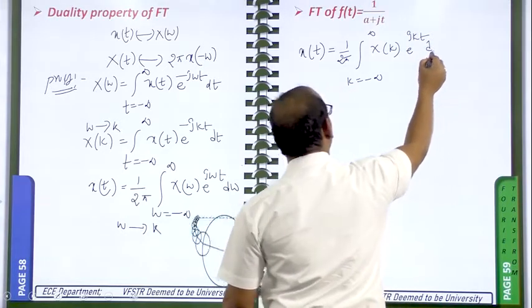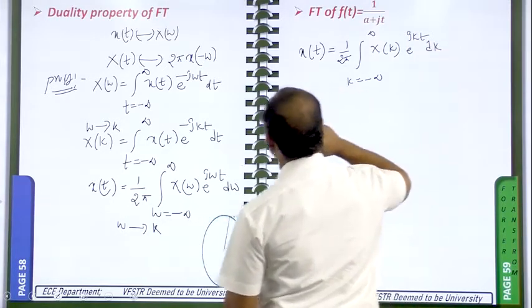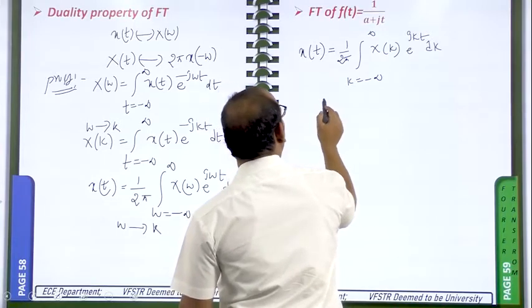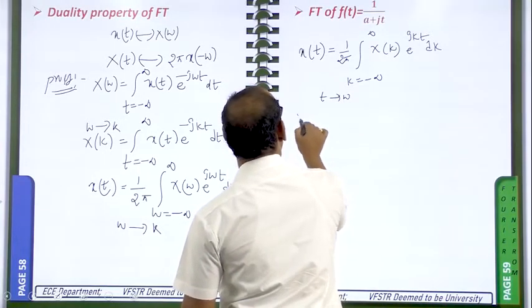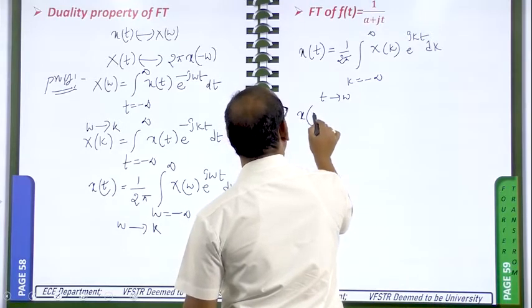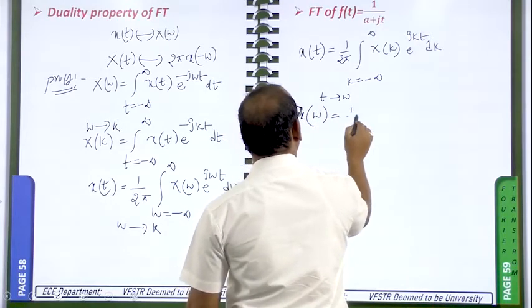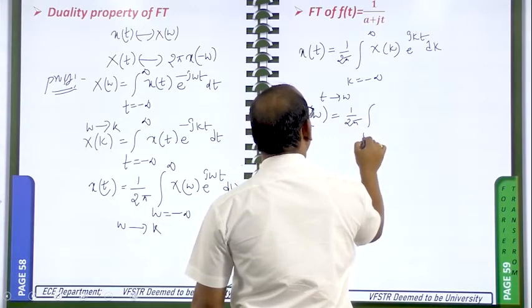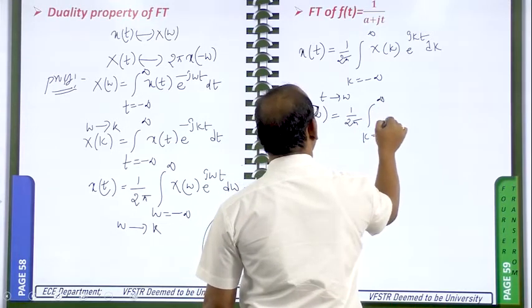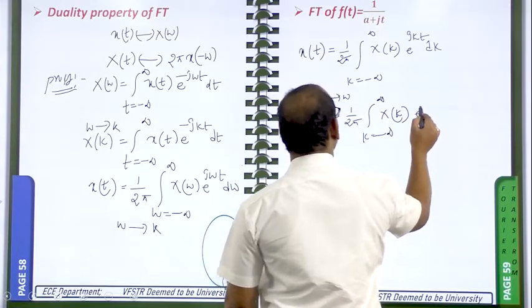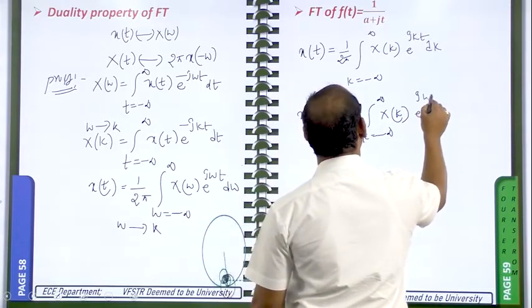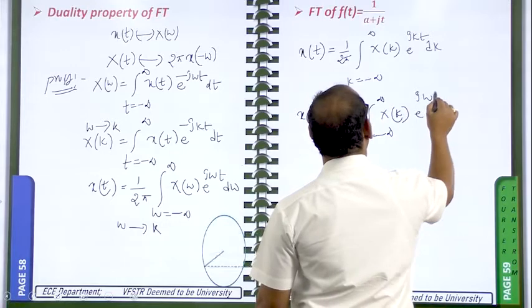I am replacing omega with k, means here you will get k. Then replace t with omega, then you will get x of omega is equal to 1 by 2 pi integral k is from minus infinity to plus infinity, capital X of k e power j omega k.